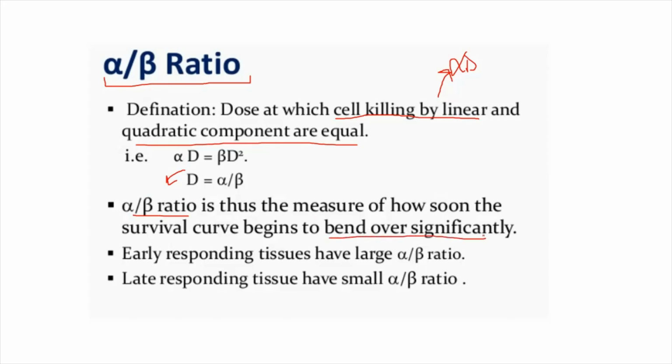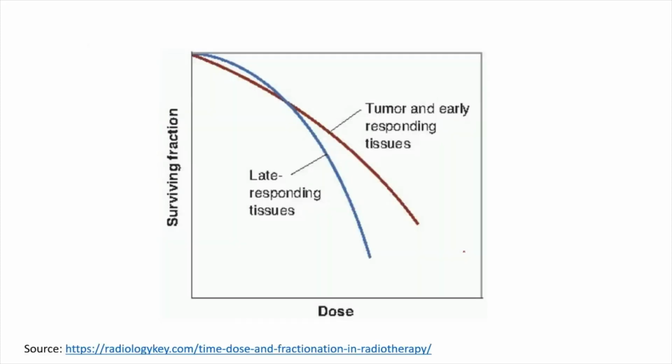In the next slide we will see how this ratio influences the bending, and also that early responding tissues and tumors have a large alpha beta ratio, and late responding tissues have a small alpha beta ratio. For example, tumors have an alpha beta of 10, and prostate tumors have an alpha beta ratio of 3, and this graph will tell you about the influence of alpha beta.